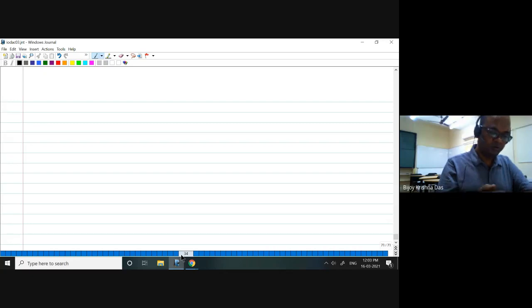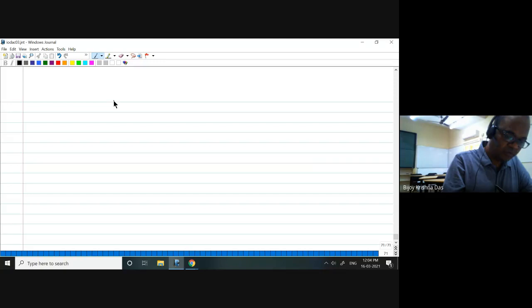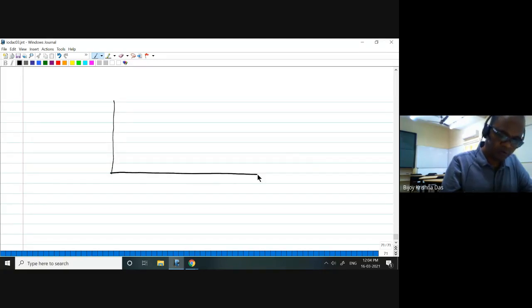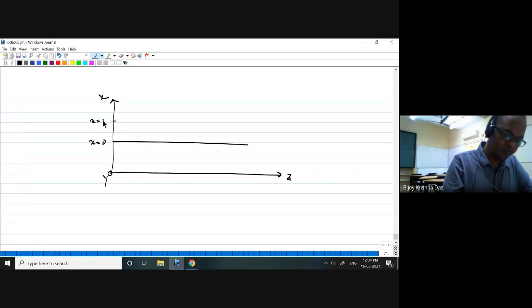So the last couple of minutes I need for the 1D waveguide. We just continue that thing. This 1D waveguide, as usual, this is Z, this is Y, and this is your X. This is X equal to 0, and this is X equal to d.